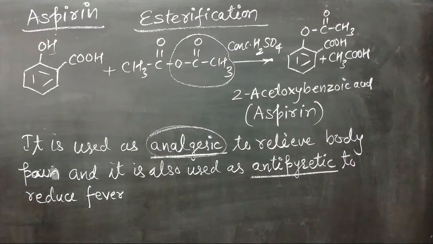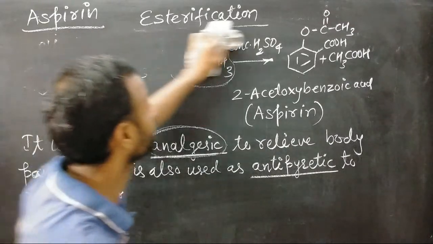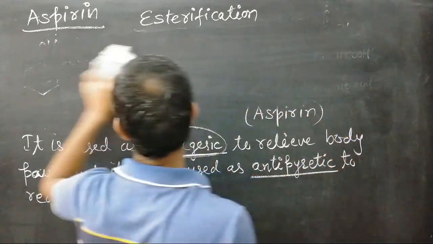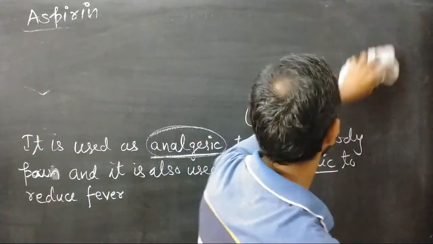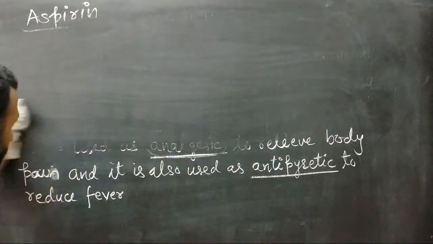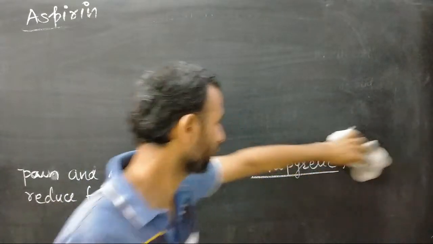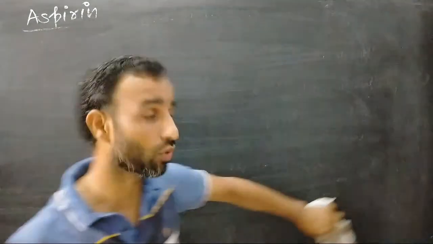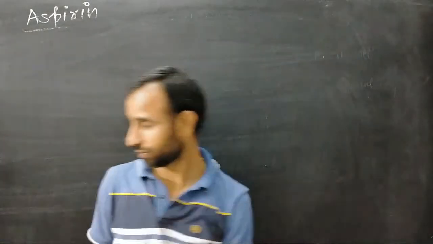Right, but right. Even aspirin has a use as a blood thinner. So whenever there is a chance of heart attack, we can give aspirin because it acts as a blood thinner. It can remove clots. Okay. Side effects, because it is a blood thinner.